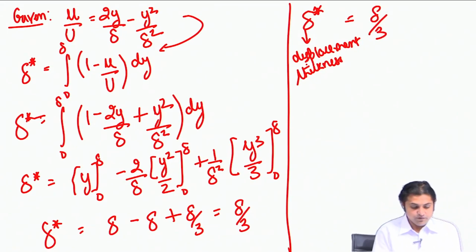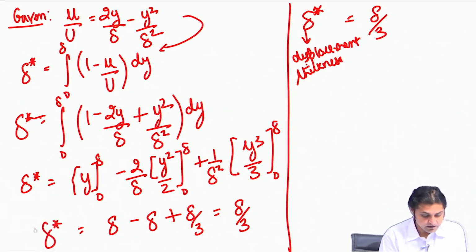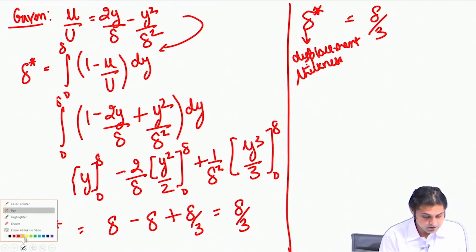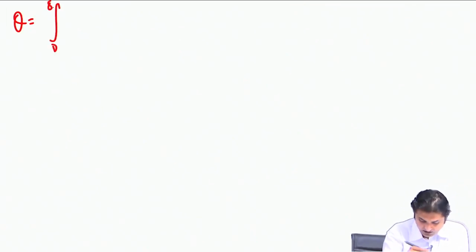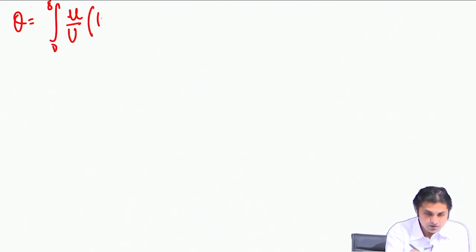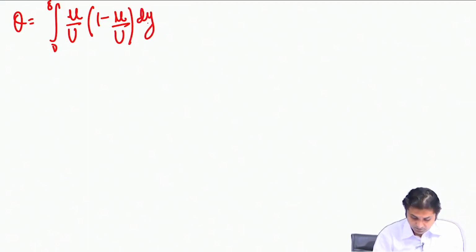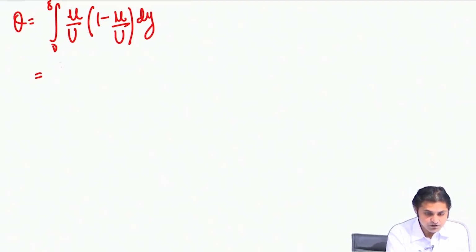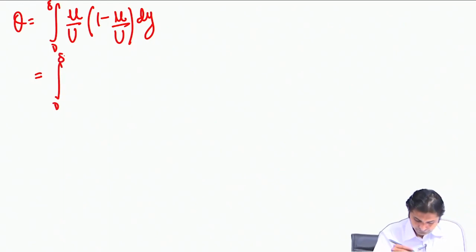Now, similarly, we have to find the momentum thickness. All right. So, theta is the momentum thickness, going by the definition, integral 0 to delta of u by capital U into 1 minus small u by capital U dy. Okay. And we substitute the velocity profile here. All right.